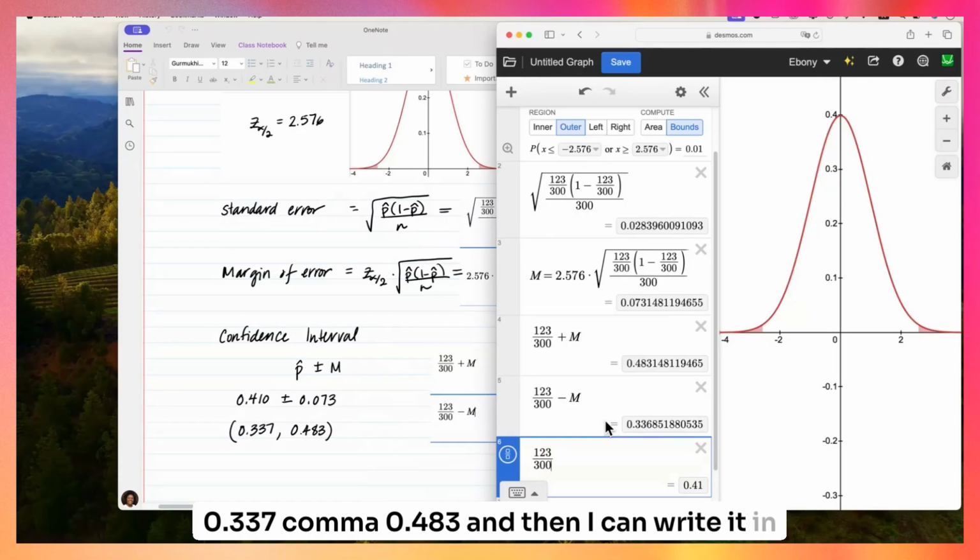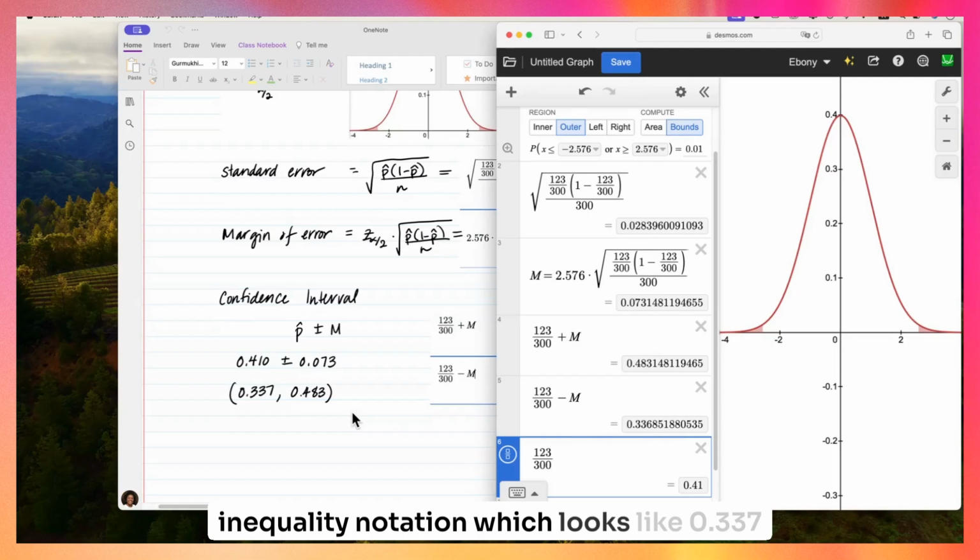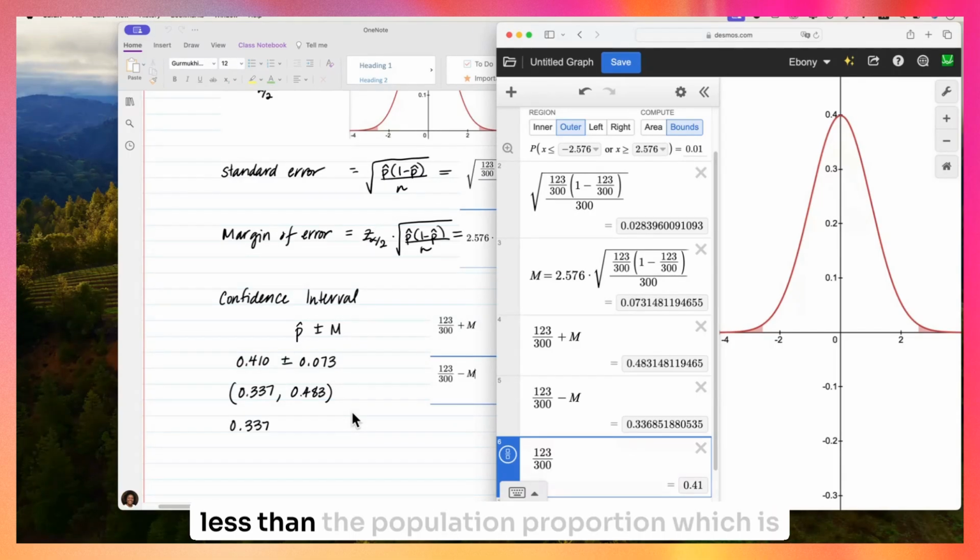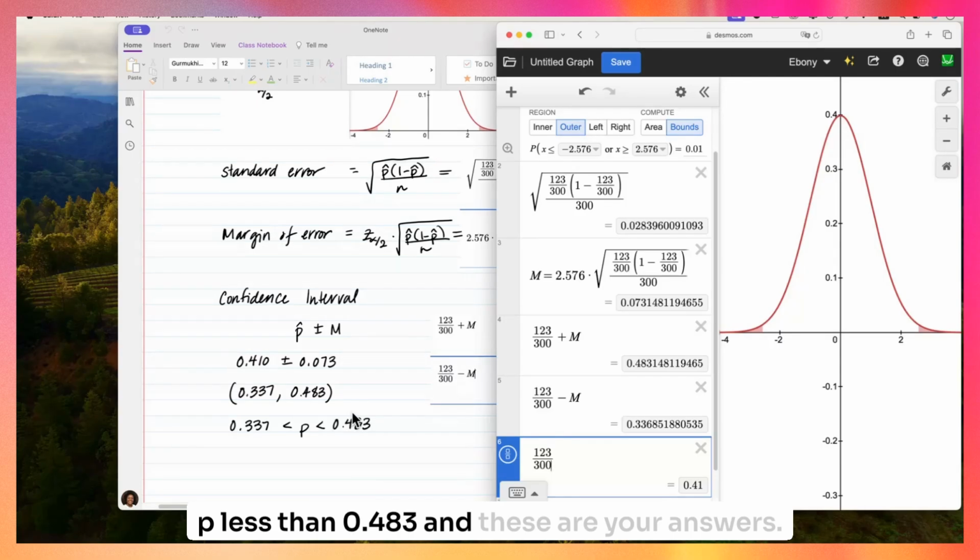And then I can write it in inequality notation, which looks like 0.337 less than the population proportion, which is p, less than 0.483. And these are your answers.